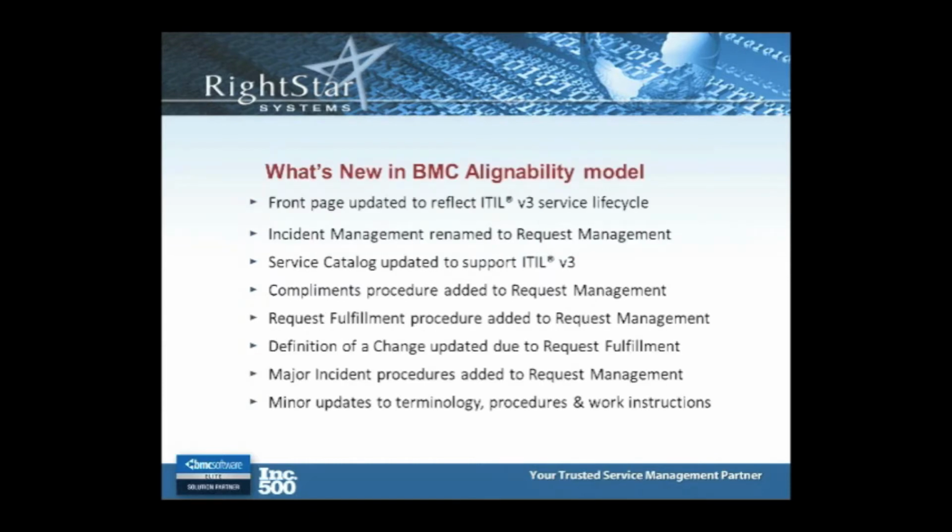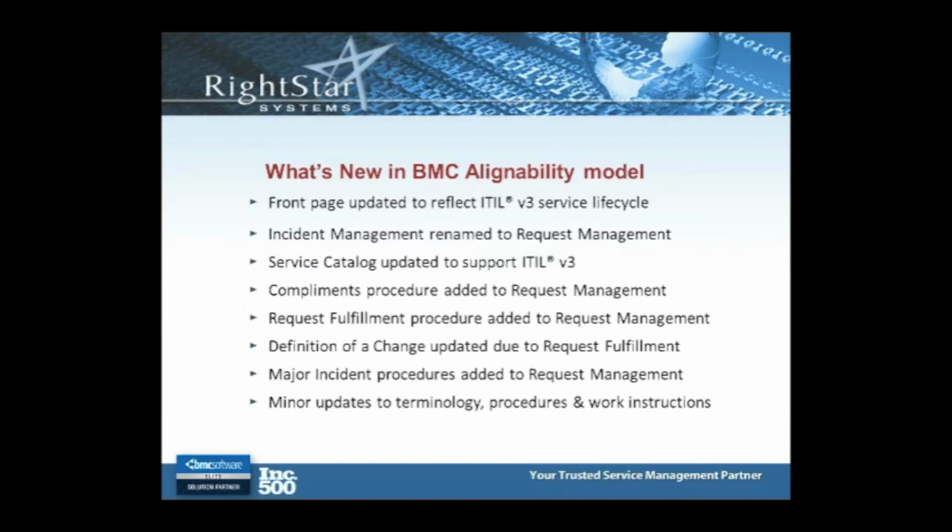So in terms of the Alignability process model, some of the new things that have been introduced, one of which is the introduction of the ITIL v3 concepts. And with that, we've also changed the user interface of at least the launch page or the home page for the documentation.